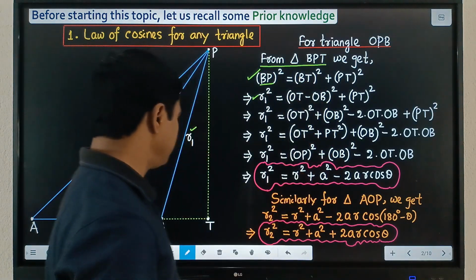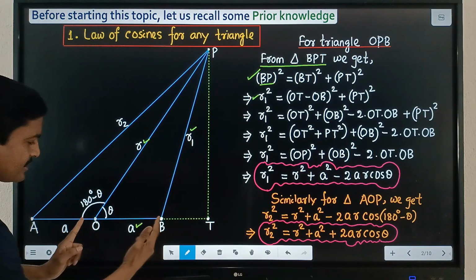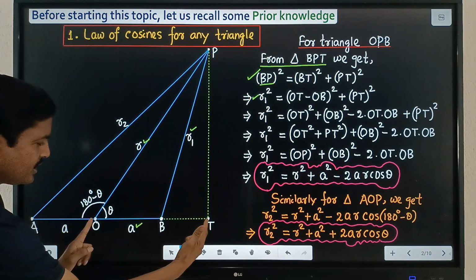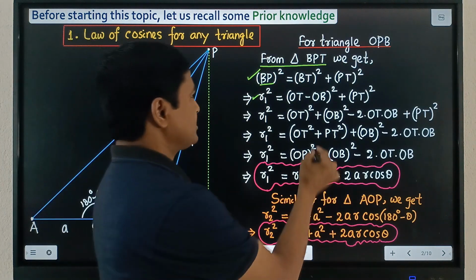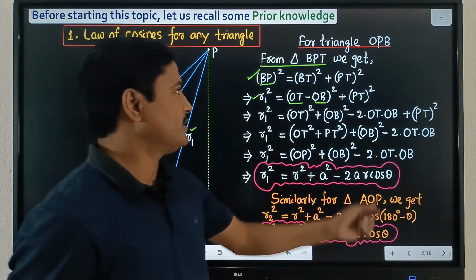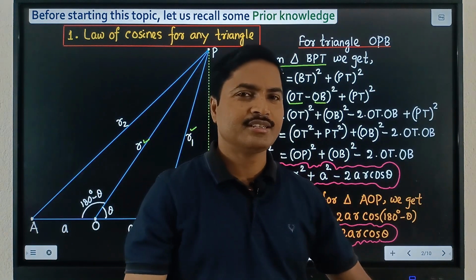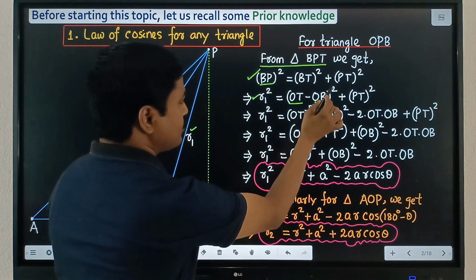What is BT? Look at the diagram. This distance BT is equal to OT minus OB. So in place of BT, we write OT minus OB. Next, PT square is there, we write simply PT square.